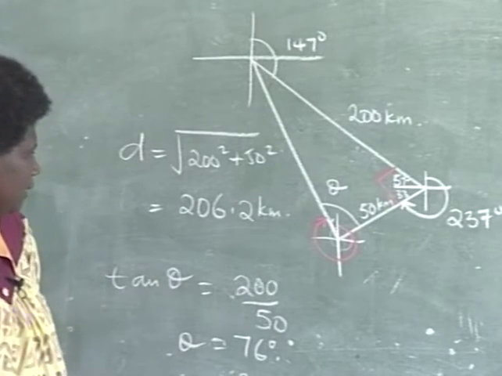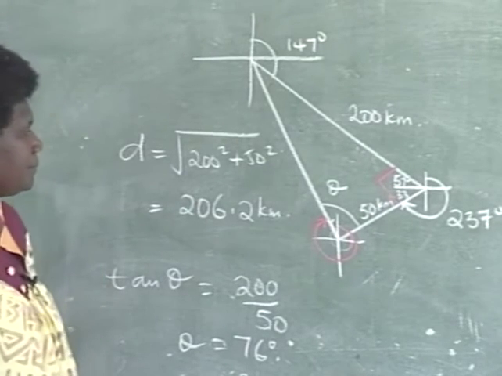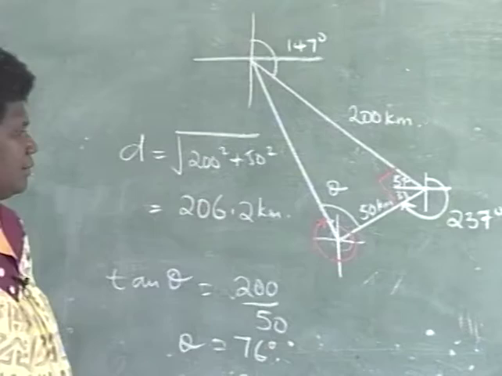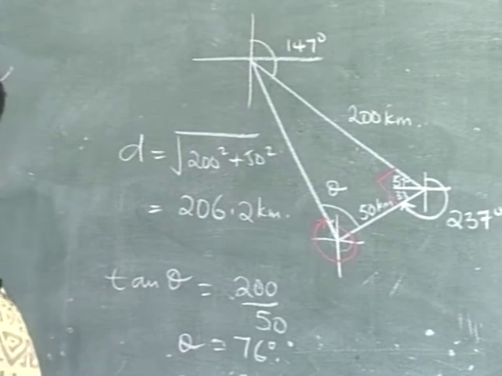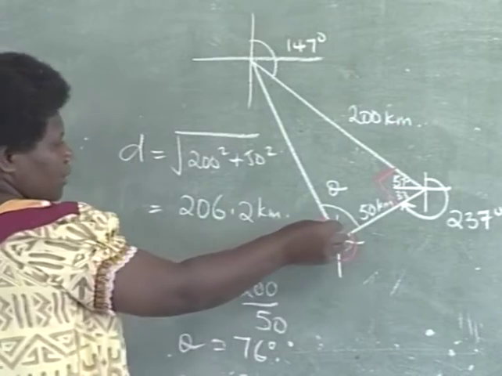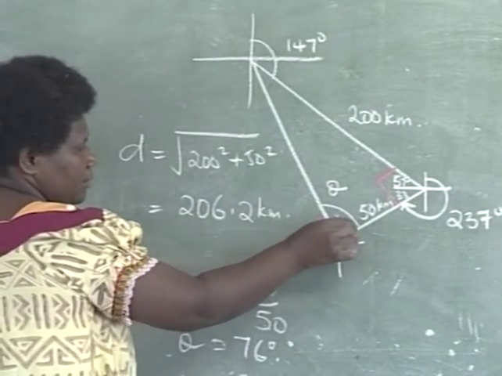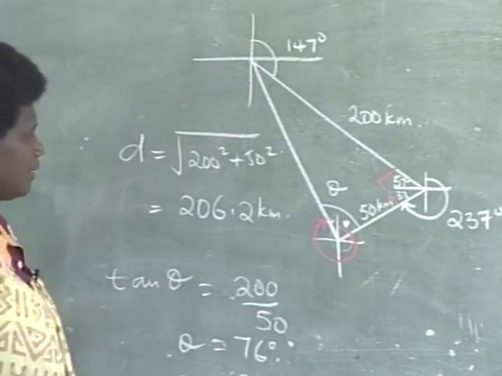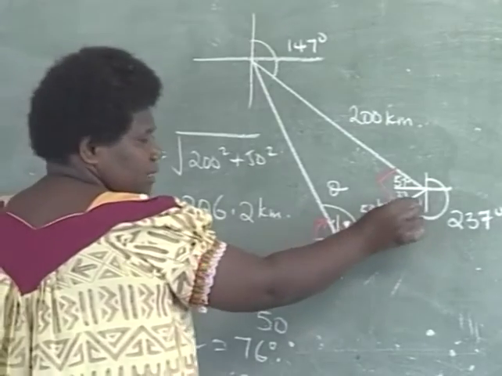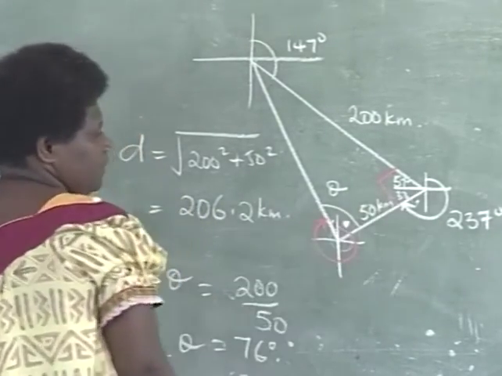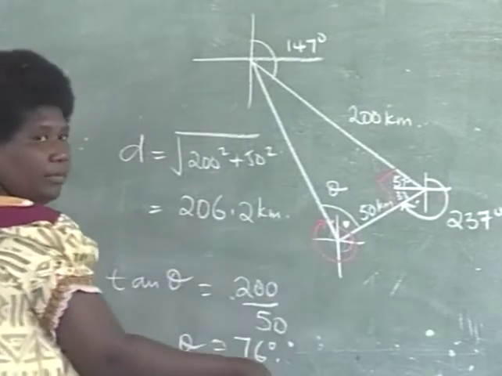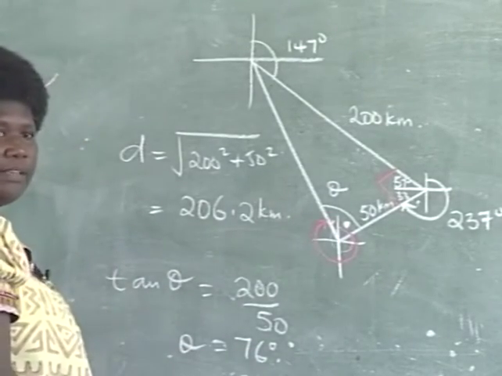If theta is 76 degrees, what is this angle here? Just this one. It is 57 degrees. It's the same as this one. 57 plus 33 plus 57 will give us 90. So we have to remove 57 from 76 degrees.